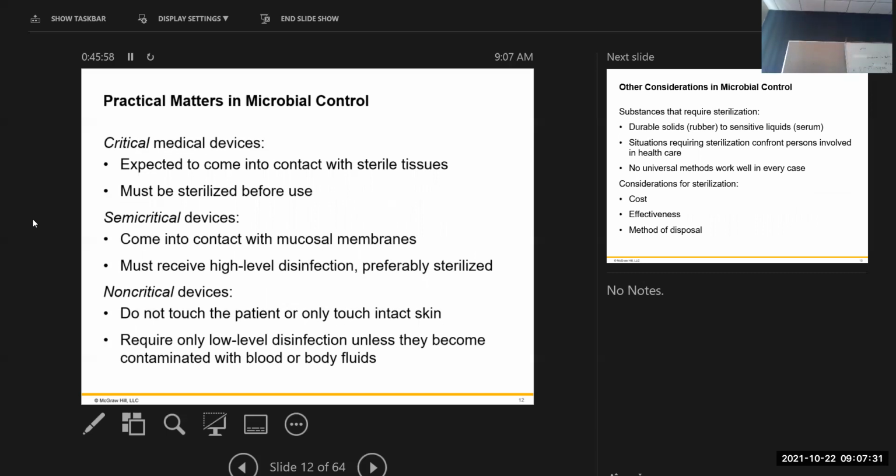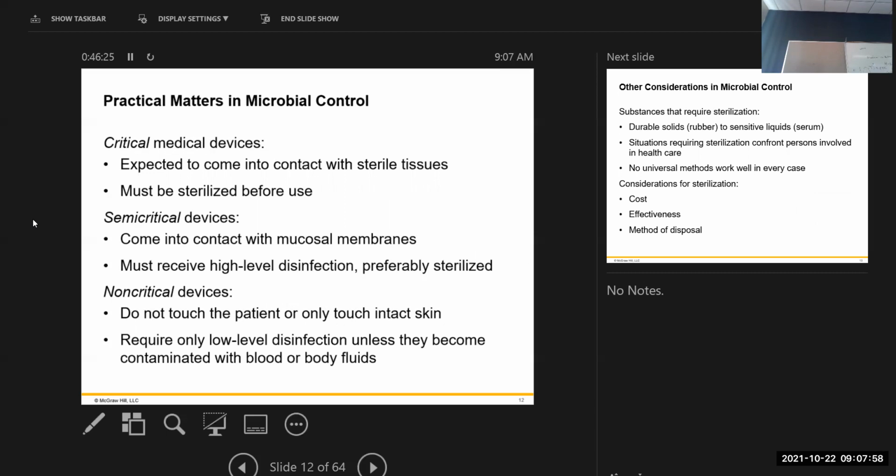So when we talk about critical medical devices, if they come into contact with sterile tissues, they're critical medical devices. They must be sterilized before use. Semi-critical devices will come into contact with mucosal membranes, for example, G-tubes.